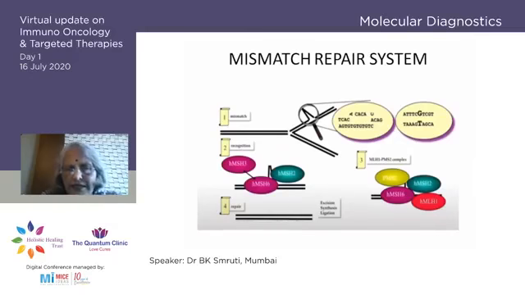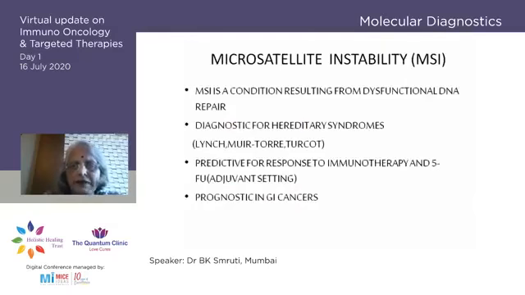And once it is recognized, then the repair of this occurs by a combination of the 4 well-known genes, which I'll come to next slide. And then you have the microsatellite instability resulting from the dysfunctional DNA repair as a result of a mutation in one of these genes or hypermethylation. And then it is diagnostic for hereditary syndromes, predictive for response to immunotherapy and 5-FU, and prognostic in GI cancers. Next slide.